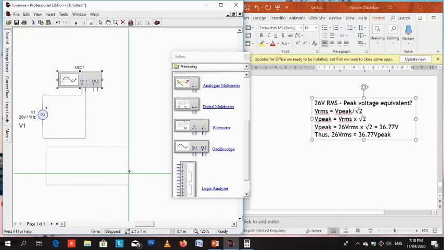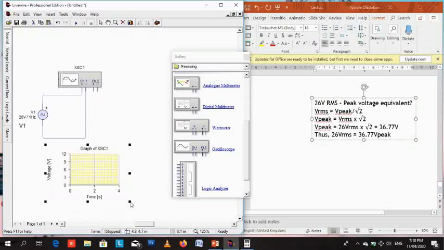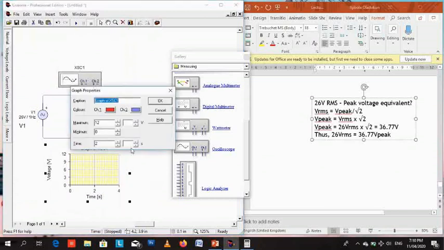Properties of the graph. Now you want the maximum to be higher than 36.77, or at least 37, so that we'll be able to see the peak of the AC voltage. So 37. Then the minimum will mirror what we have at the maximum.